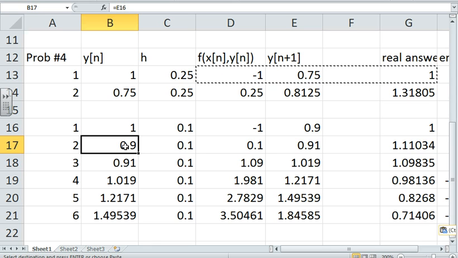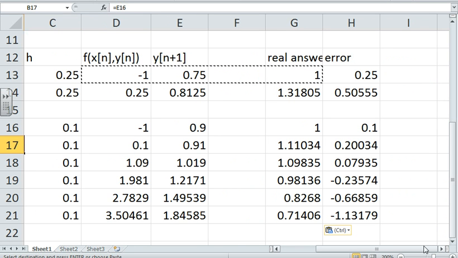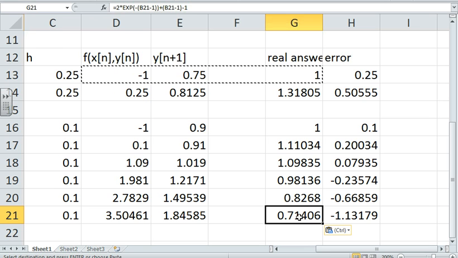Yeah, these guys are right. These guys are just copying those from over there. I think that's probably right. We're getting a bigger error than we should. Let's look at this. E to the minus B21. Yeah. Well, there's no reason to think that that's not right.